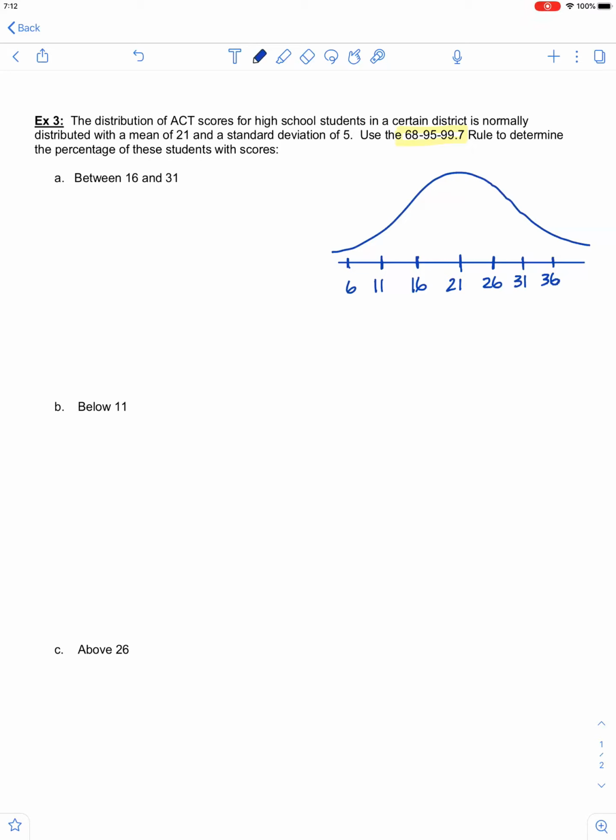What's happening with this rule is that it's stating the percentage, one standard deviation above and below, 68% of the data is here. 2 standard deviations, 95% of the data is here. And 3 standard deviations, 99.7% of the data.